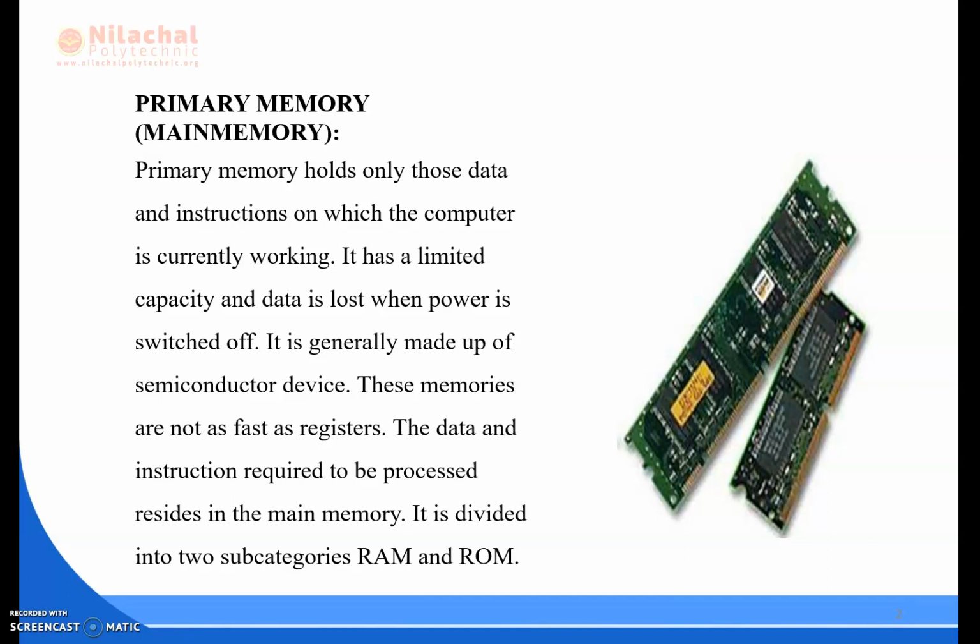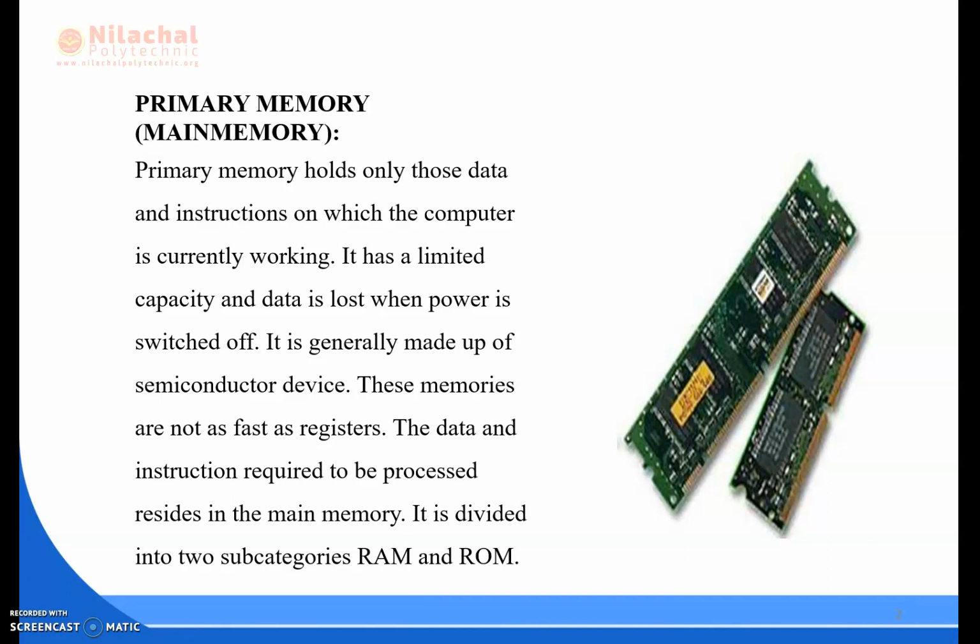So what is volatile nature? Volatile nature means when we are currently working and the power is on, the data is stored in primary memory. But when the power is switched off, the data will be lost. This is volatile nature.